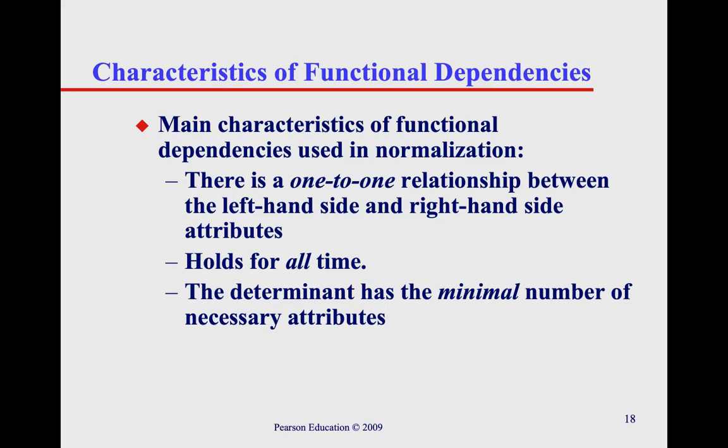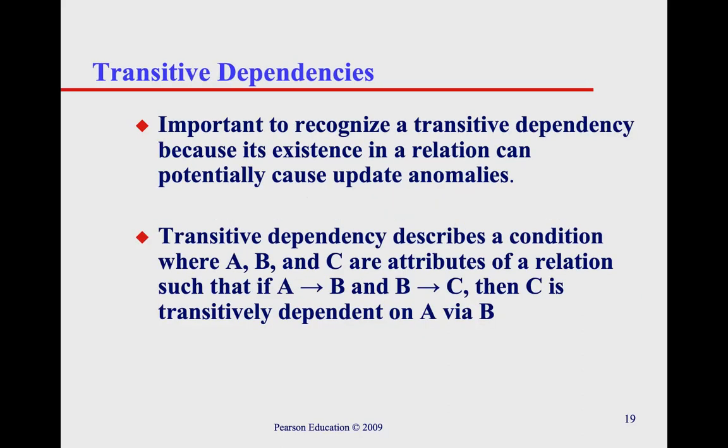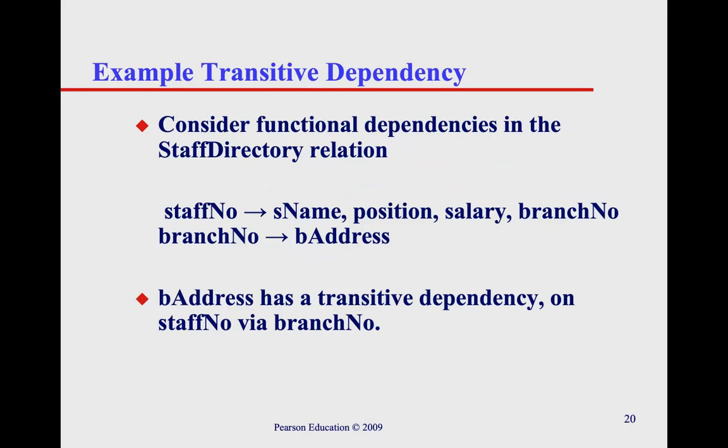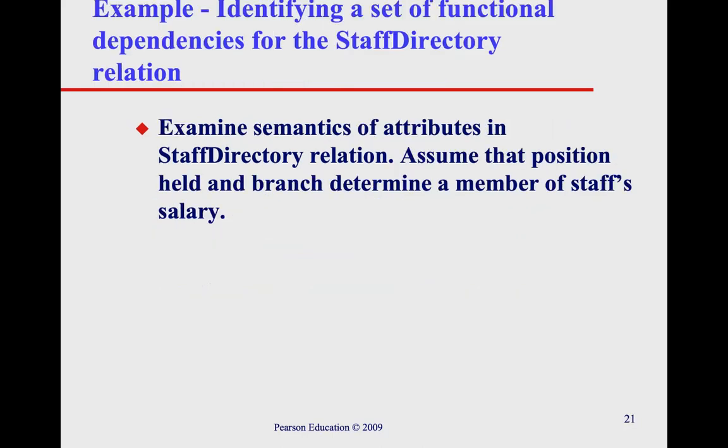It has to hold regardless of what your data set is, no matter how improbable the data set might be. And finally, the determinant, which is the left-hand side, has to be the minimum number of necessary attributes. We then talked about transitive dependencies, and you'll see how we use them in normalization.